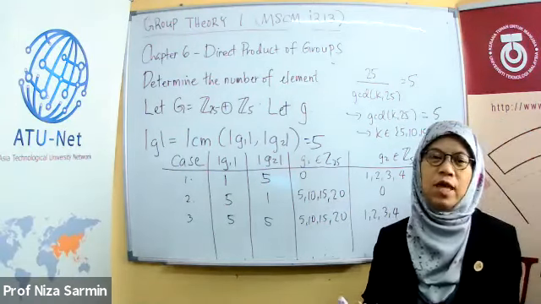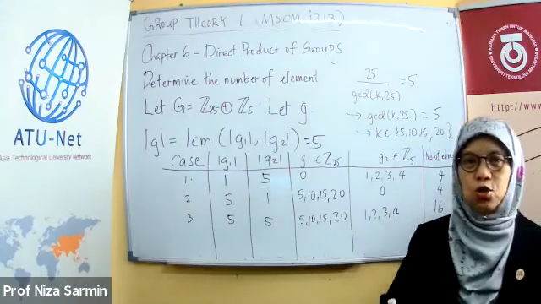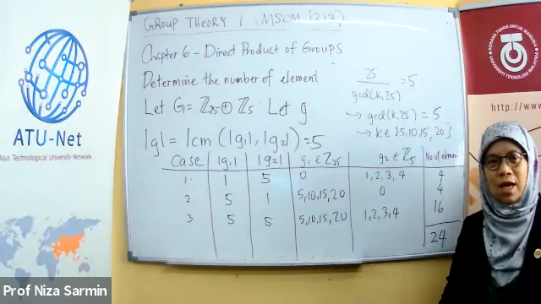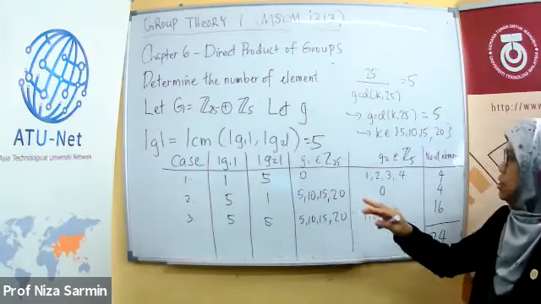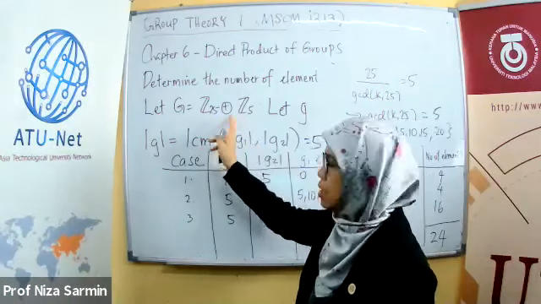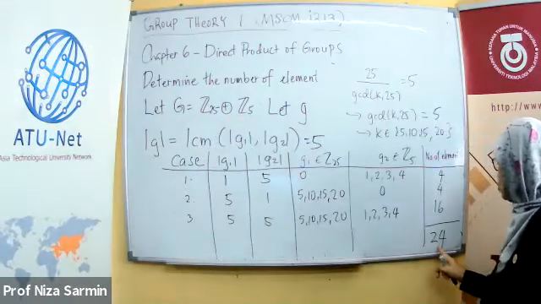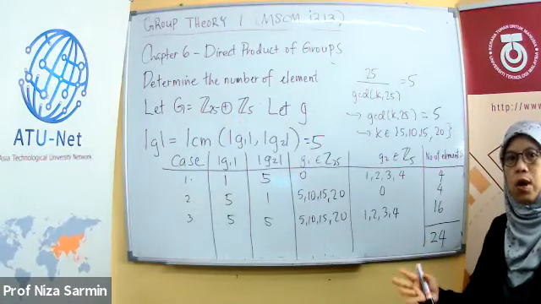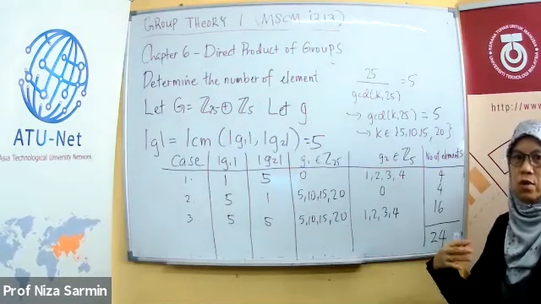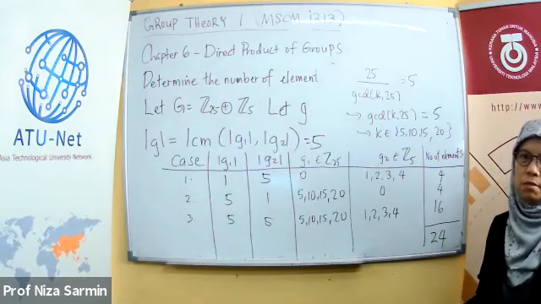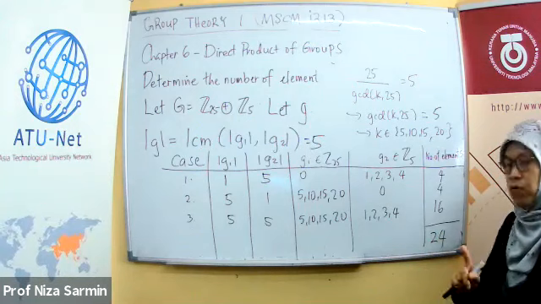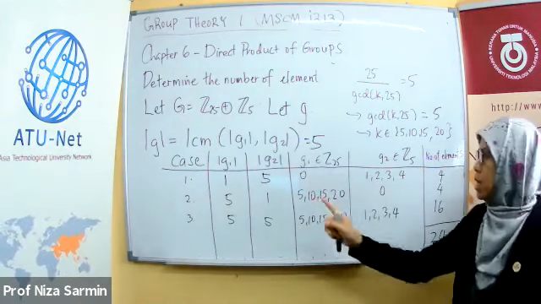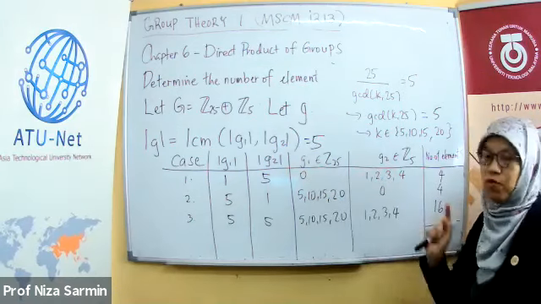Next question, if they want to ask you to list all 24, can you list all? You imagine there are 125 elements in here, and there are 24 elements of order 5. The others would be 1, 5, 25, right? Because all must be dividing 125. So if you have to list all 24, you will list 0, 1, 0, 2, 0, 3, 0, 4.